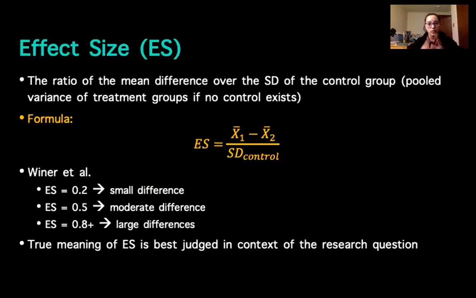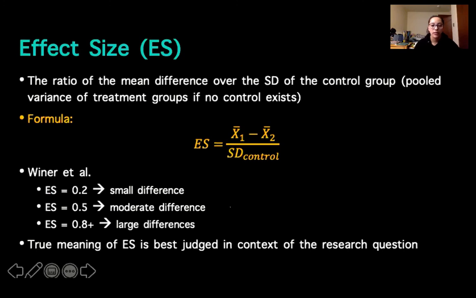So it's pooled. But we can calculate the effect size, and the values of the effect size are usually going to be between 0 and 1. Weiner et al. found out, or kind of established these values and what they mean in terms of what the difference actually is, right?